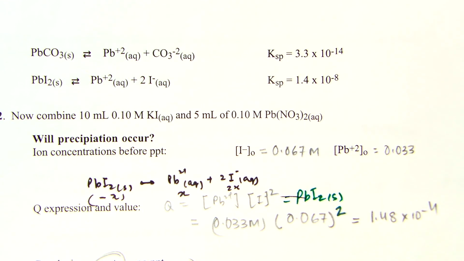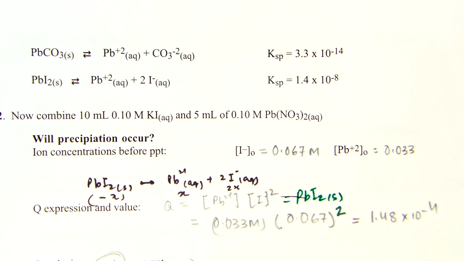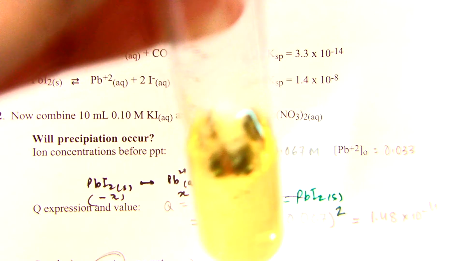So let's mix the solution of KI again. Let me go get KI from over there. So I have 5 mLs of this, this is 5 mLs of KI. 10 mLs.